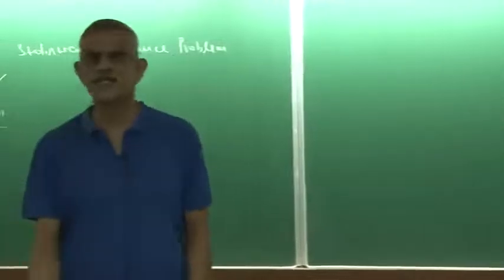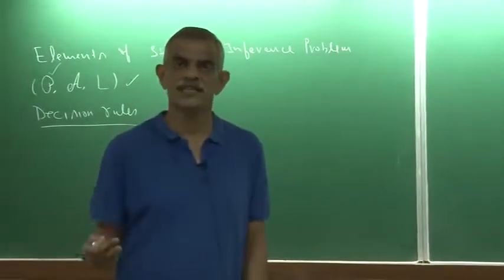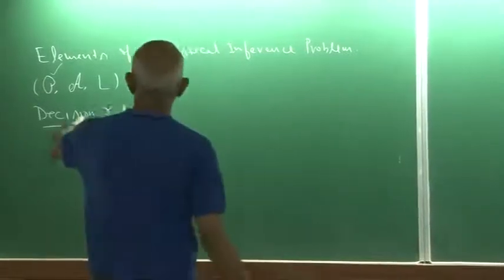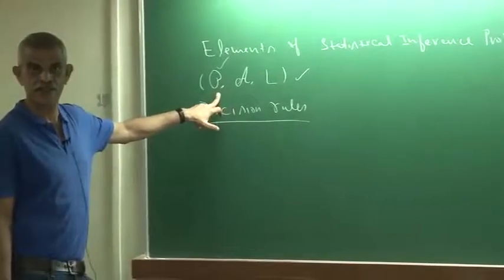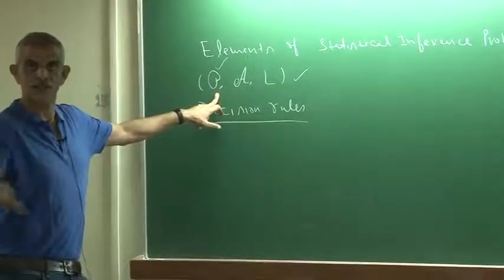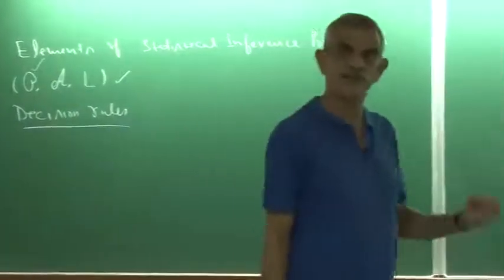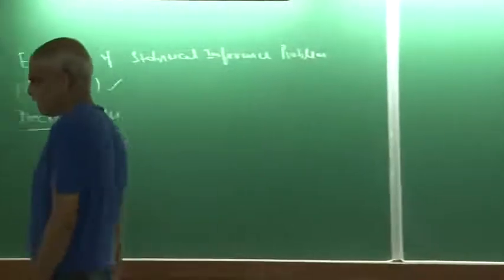And in many situations, it turns out that the risk of any invariant estimator is a constant function. So I'm no longer talking about minimization of a function for every parametric point theta, because all these functions are constant functions. So it may be possible to find a decision rule for which this constant function is the minimum. This is all we did, and then we talked about location invariant estimation.